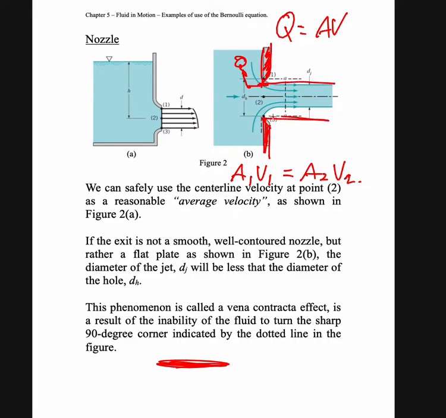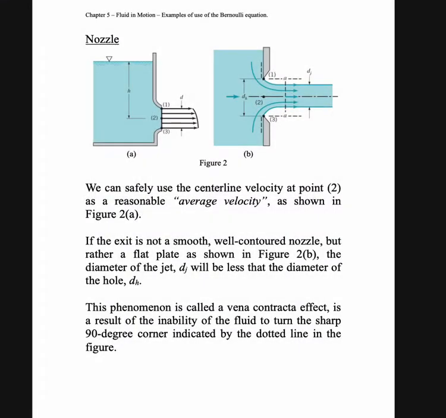The molecules need to flow in a certain curve to get out from this. So it means that the cross-sectional area that comes out from the nozzle is smaller compared to the cross-sectional area of the hole.